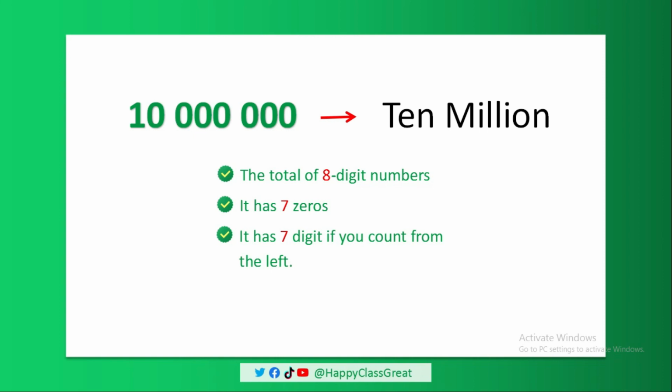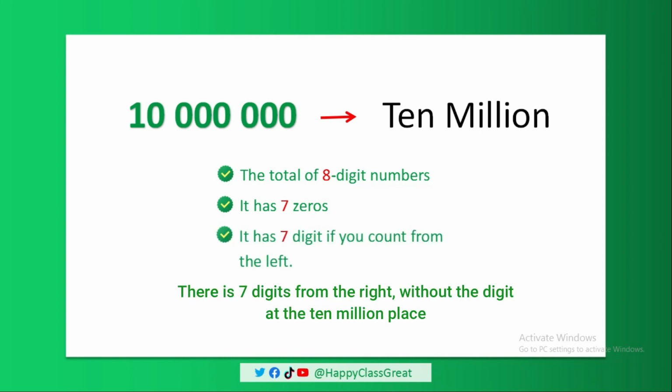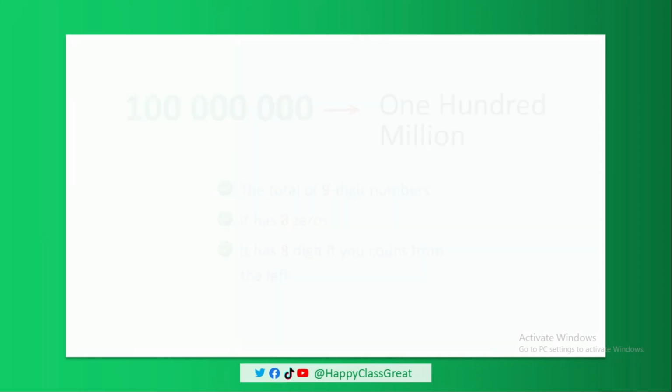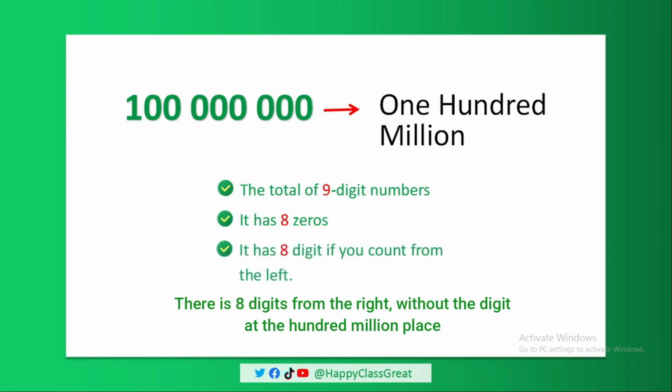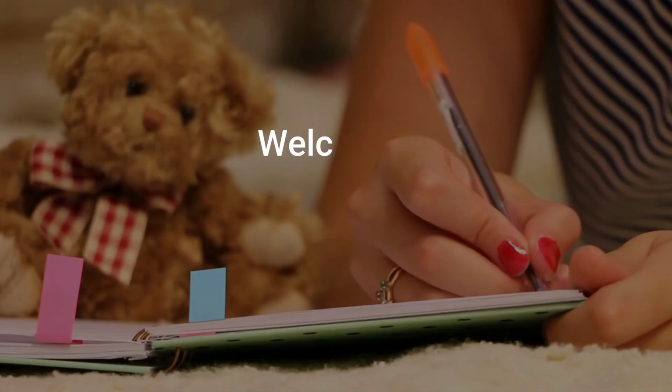If you count from the right, you have 7 digits after the 1. I made a mistake there. Talking about 100 million, it has a total of 9 digits, and it has 8 zeros, and if you count the digits from the right, you get 8 digits, you understand.